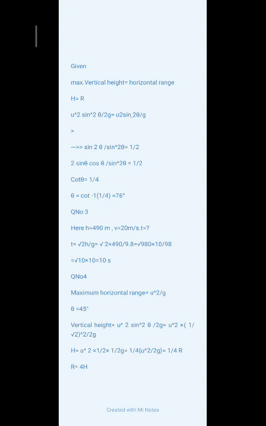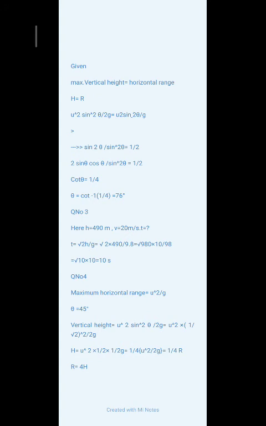Now question 3. A projectile is fired from a height of 450 with a horizontal velocity of 20 meters per second. We have to find how much time it takes. Since it has no vertical component of velocity, it will move under the action of gravity.